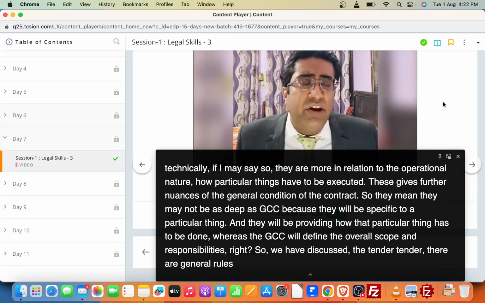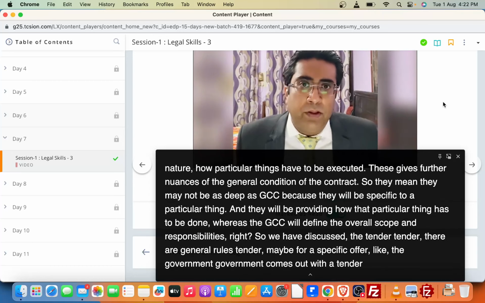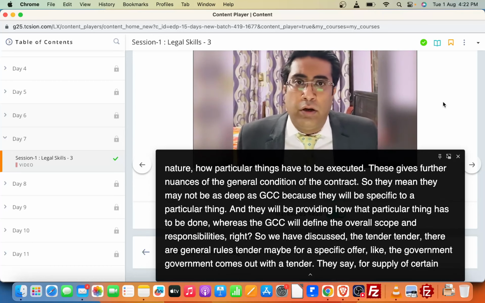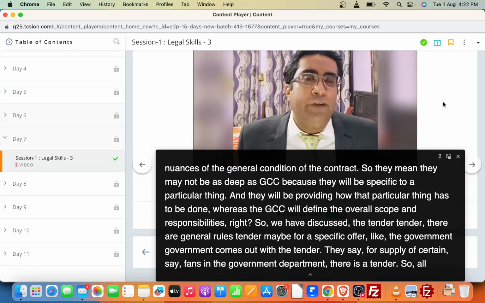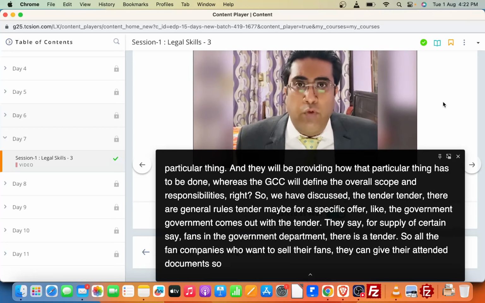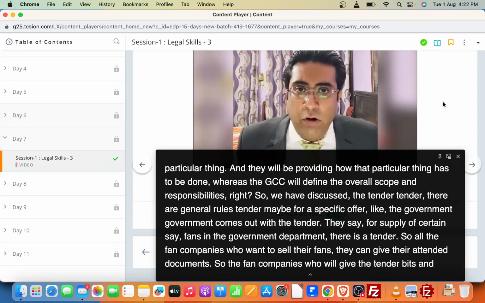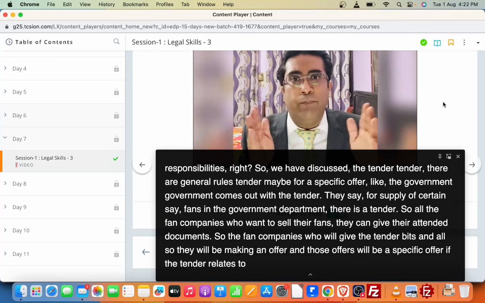There are general rules. A tender may be for a specific offer, like when the government comes out with a tender for supply of fans in a government department. All the fan companies who want to sell their fans can give their tender documents. The companies who give the tender bids will be making an offer, and those offers will be specific offers if the tender relates to a particular quantity.